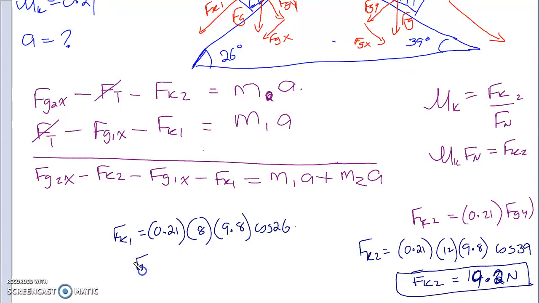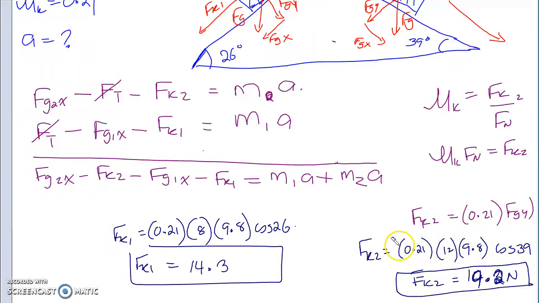And FK1 comes out to 14.3. Now, this is another place where people most likely make mistakes, and that is that they forget to put 9.8. They'll do 0.21 times 12 and they forget 9.8.